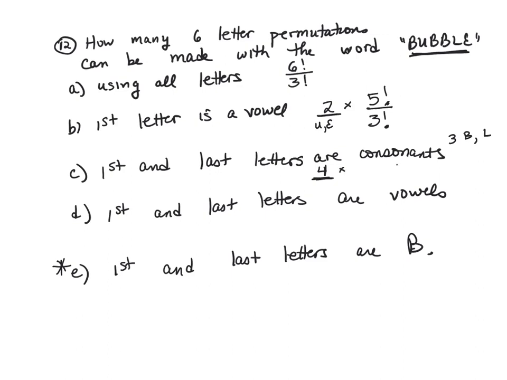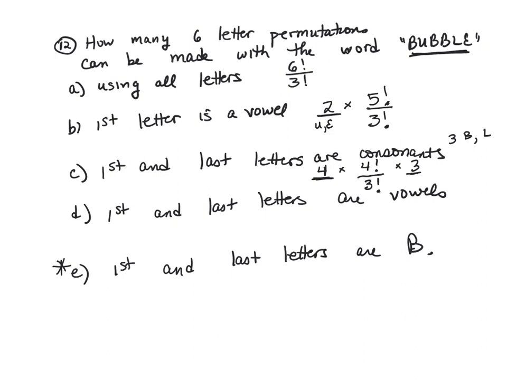And then if the last letter has to be a consonant, then I'm left with 3. But because we use 2 letters from the word bubble, the number of ways to permute the word bubble would be 4 factorial, because there are 4 letters, but we still have to divide by 3 factorial, because in these arrangements we're still permuting the B's.